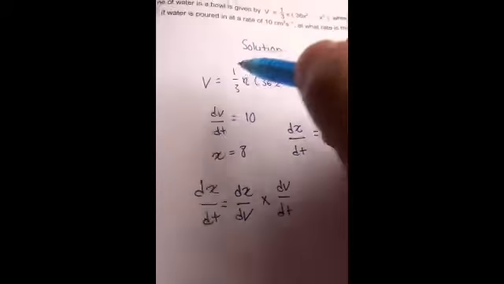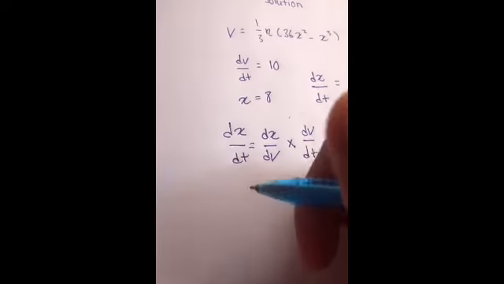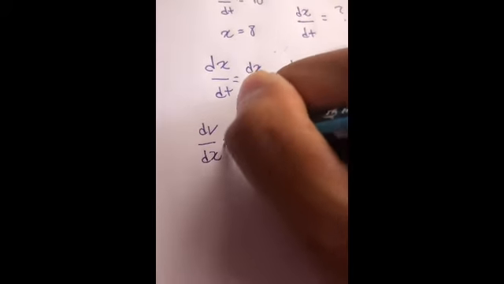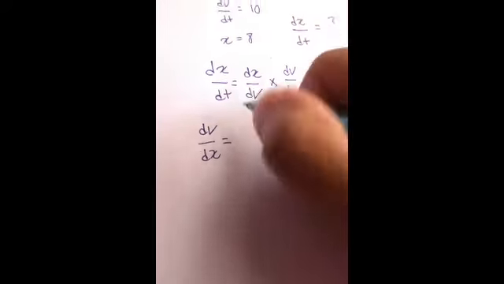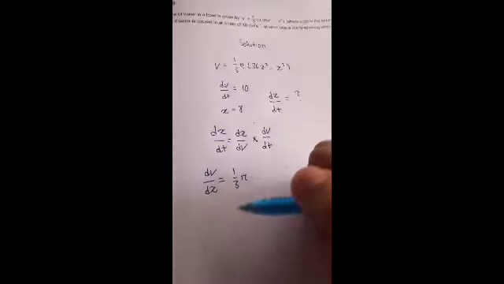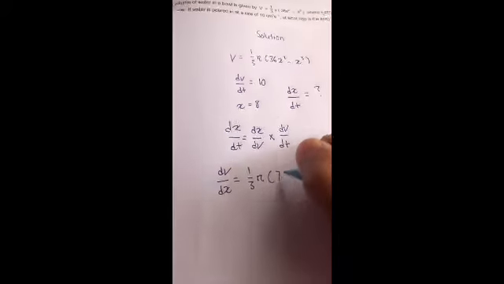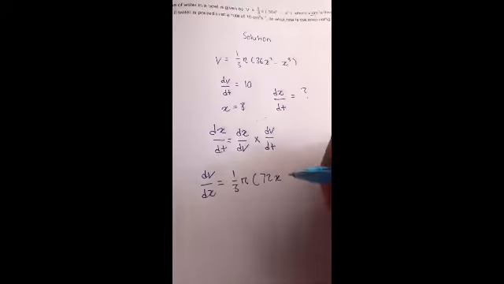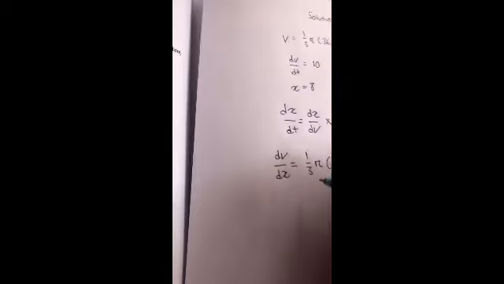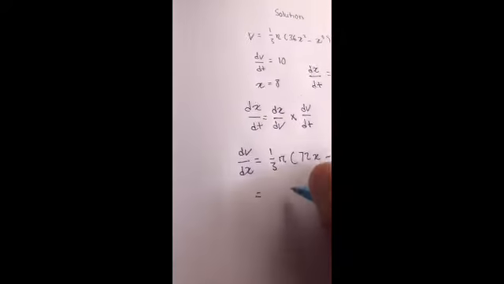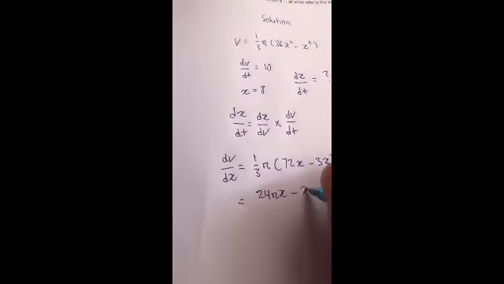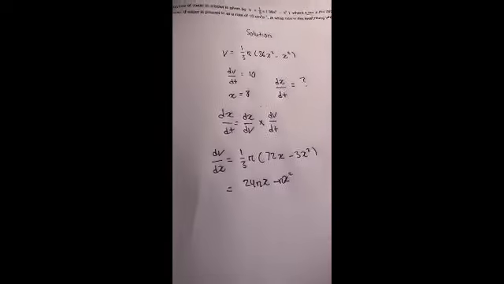The information we have is V. If we differentiate V, dV per dx will be 1 over pi, when we differentiate, 72x minus 3x squared. When we simplify, it will be 24 pi x minus pi x squared.